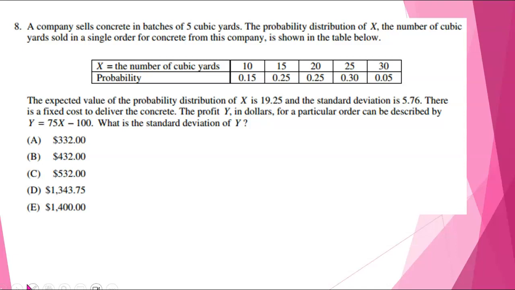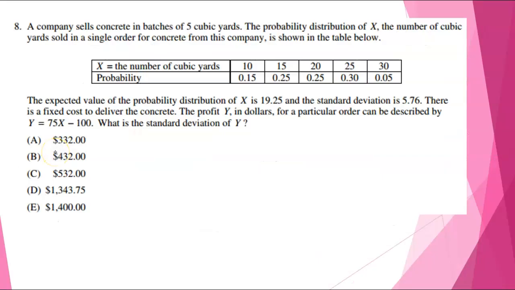So for this one, guys, what they're looking at is to see if you remember that when we apply a linear transformation to data, when we multiply, for instance, multiplying by 75, like we have right here, that is going to change my spread. But when I add and subtract, like subtracting 100, that is not going to change my spread.